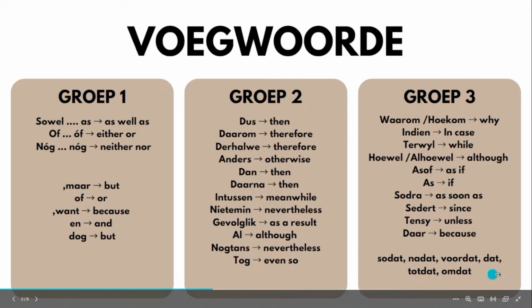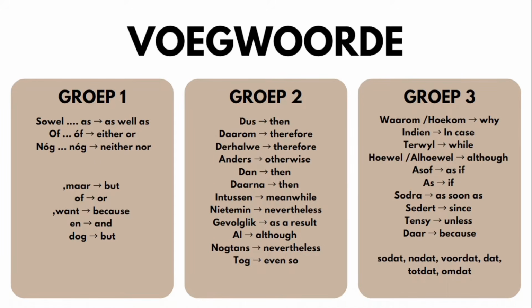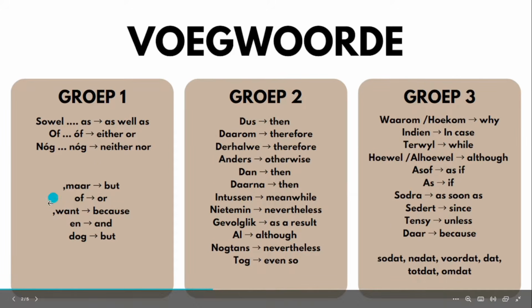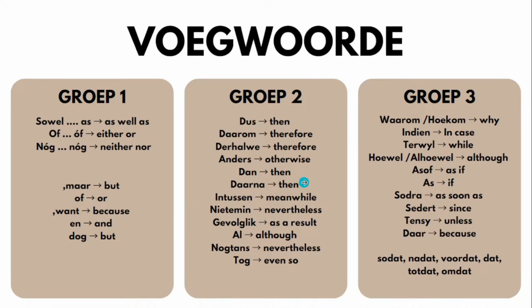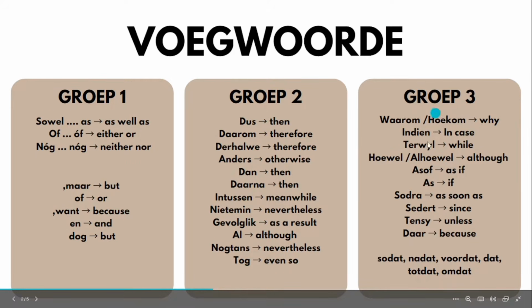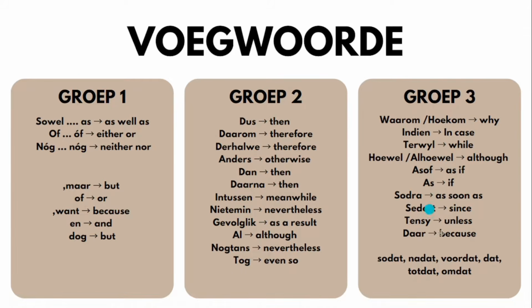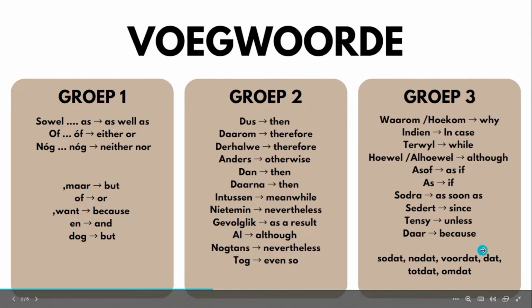And then all the dots: sodat, nadat, voordat, dat, totdat, omdat. The one thing I can tell you is that they mostly ask maar, want, daar. Then here they mostly ask daarom, en dan, nogtans maybe. And this side they mostly ask dat and all the other dots.